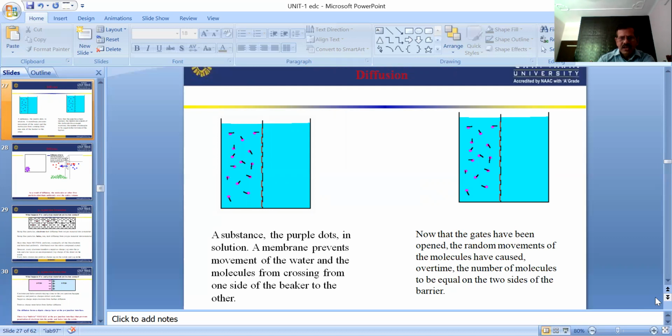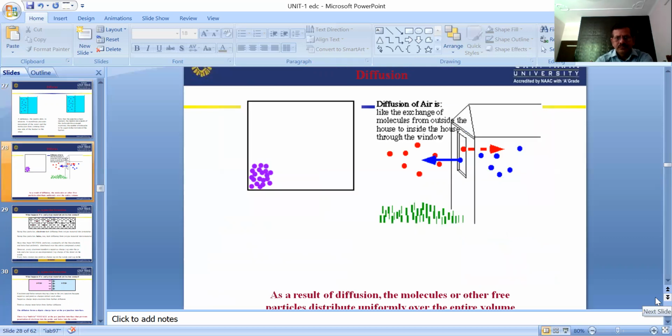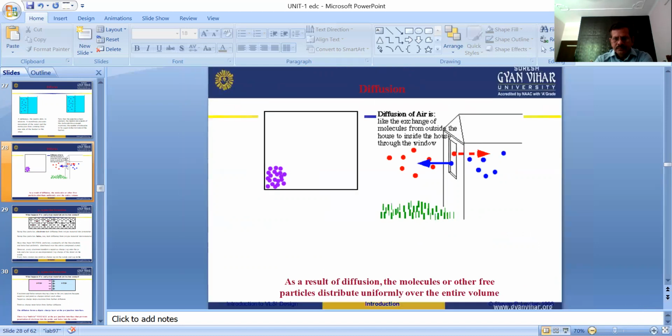We can explain it here by the example of a substance of semiconductor materials. You see here, as a result of diffusion, the molecules or other free particles distribute uniformly over the entire volume.